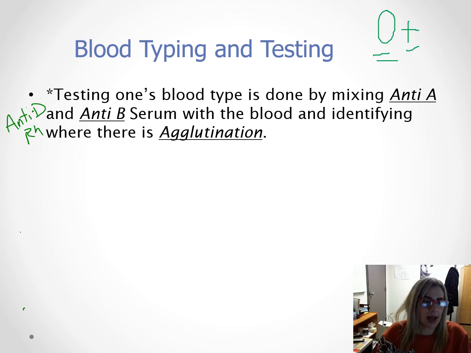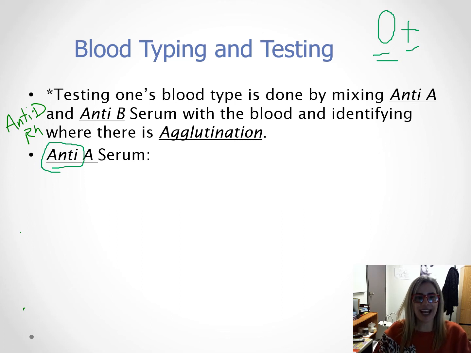As we were talking about agglutination and the serum, when we talk about anti-A serum, I want you to think of this little prefix, anti. When you think of that prefix, like antibody, or I'm anti-government, or I'm anti-body shaming, all of those things mean you're against it.